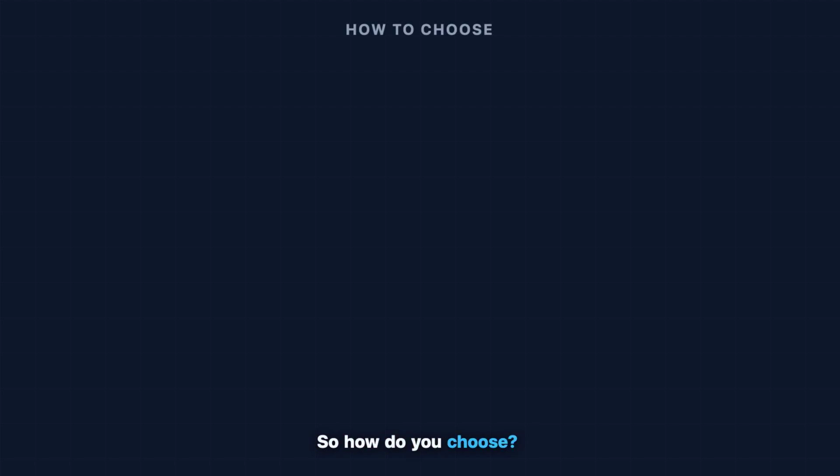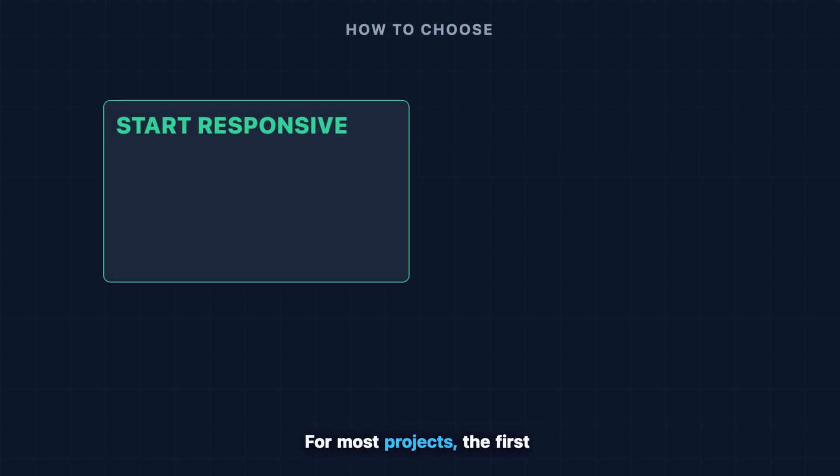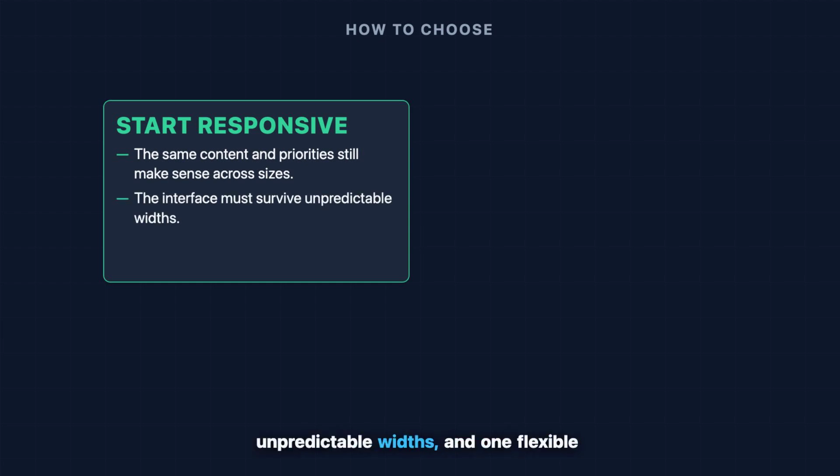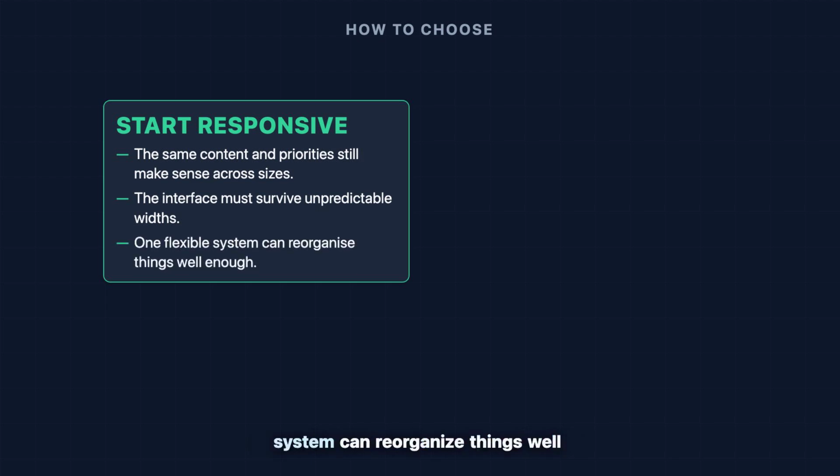So, how do you choose? For most projects, the first question is whether responsive can handle the experience. If the same content and priorities still make sense across screen sizes, the interface has to survive unpredictable widths, and one flexible system can reorganize things well enough. It usually can.